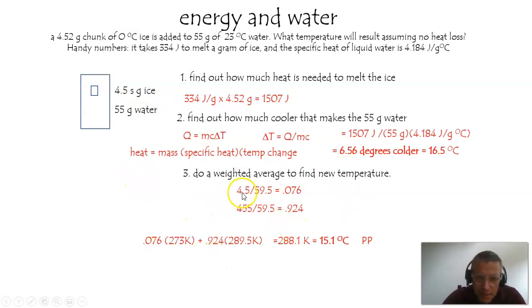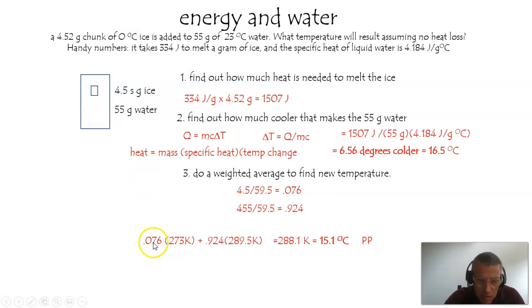So first I figured out what the weighted averages are. What do they call these? The abundances, I believe. That's 7.6%, but we'll use an abundance of 0.076. And that should be 55 of the 59.5, so 92.4% of it is the liquid water that was a little bit warmer.